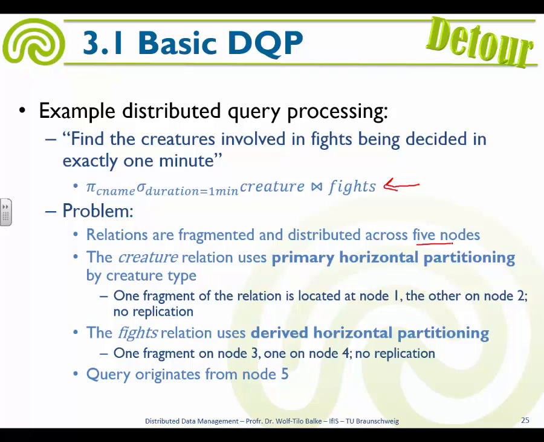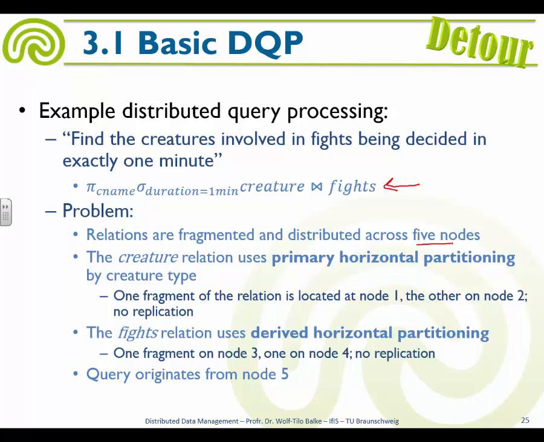Basically, we look at some criteria to divide it based on the rows of the tables. We have one fragment of the relation in node 1, and the other part in node 2. And we do not have replication.